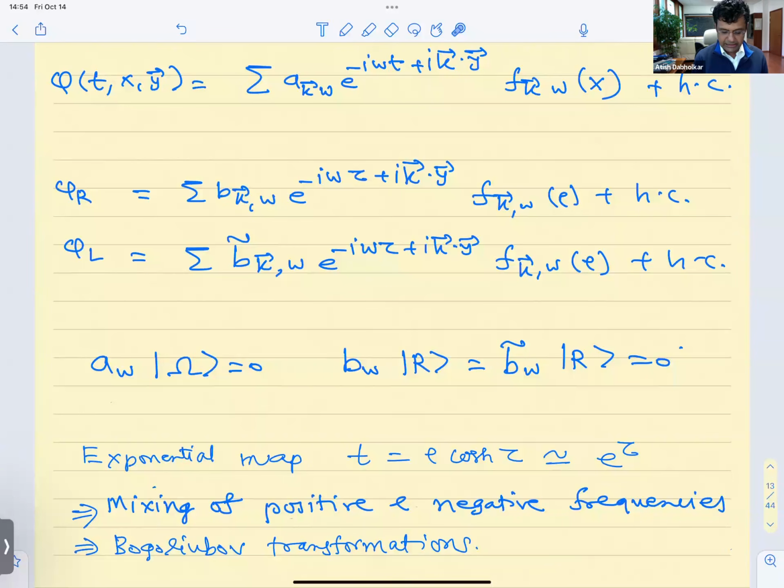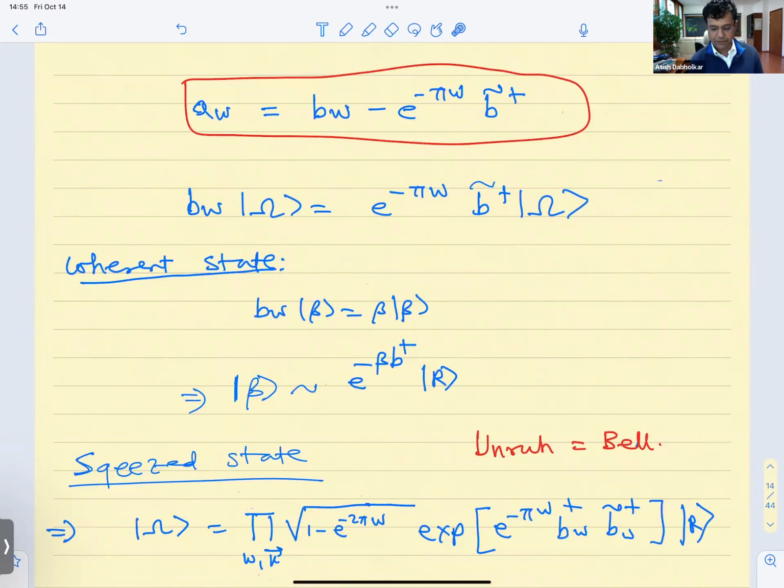But basically, the Minkowski vacuum is obtained by insisting that all the annihilation operators annihilate it, whereas the Rindler vacuum is obtained by saying that b omega and b tilde omega vanish. And because positive frequency and negative frequency get mixed up, creation and annihilation operators get mixed up. In particular, a of omega is a combination of b of omega and b dagger tilde of omega. So b dagger tilde is on the right side.